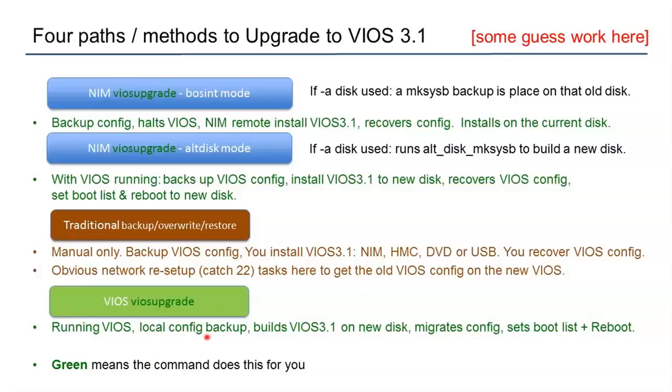It will take the backup, rebuild the VIO server on a new alternative disk, migrate the config over there and set everything up, set up the boot lists and reboot onto that new disk, and it should already be configured. It may have to do a further reboot to make sure that everything's working, as after the first reboot it does the configuration stuff.